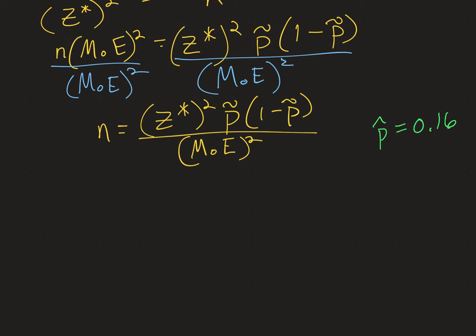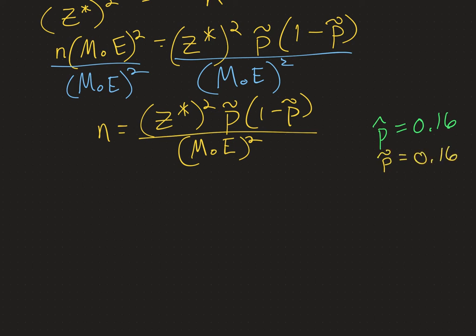But this previous value is probably the best guesstimate of what it is currently. It's not likely that it's changed that much because Americans are pretty set in their ways. So let's go ahead and use that as our approximate p.